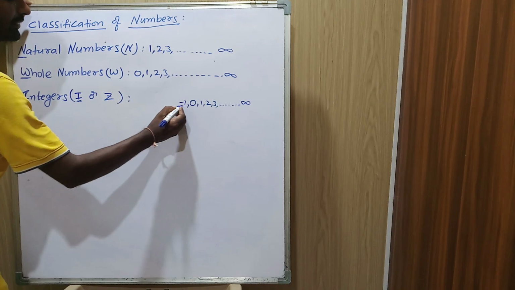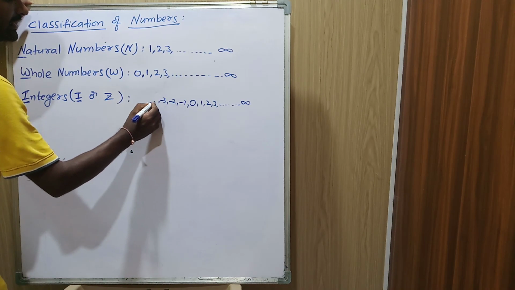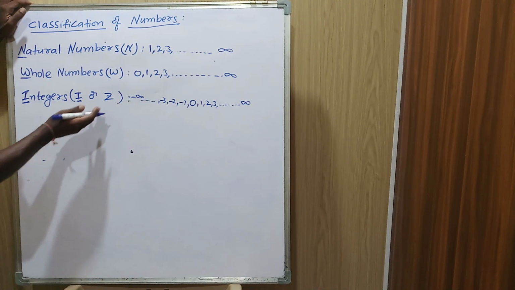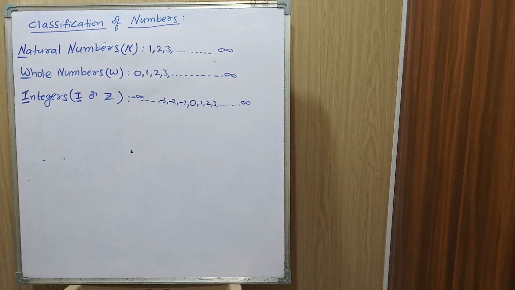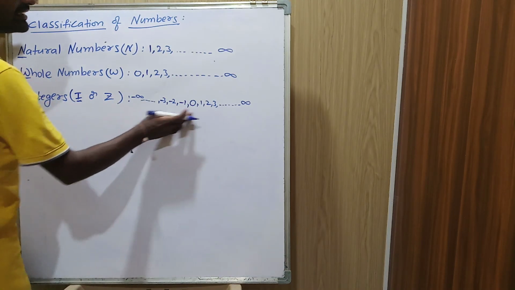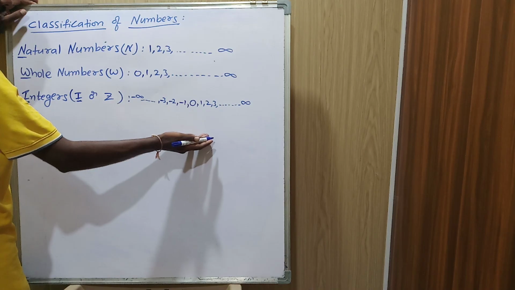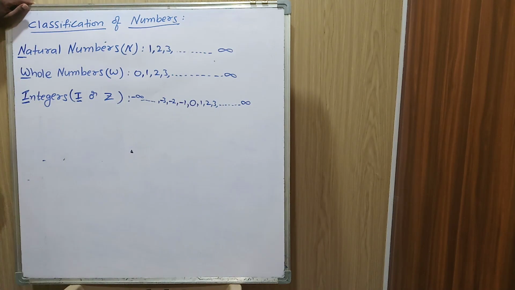That means -1, -2, -3, and so on up to negative infinity. So these numbers are called integers. For these integers, if you include fractions and decimals, then that new set of numbers is called rational numbers.